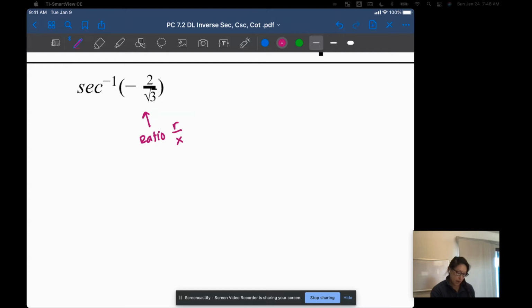What I'm solving for is an angle in the first or second quadrant, so 0 is less than or equal to theta, which is less than or equal to pi.